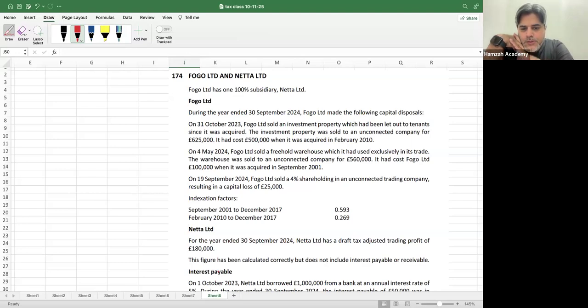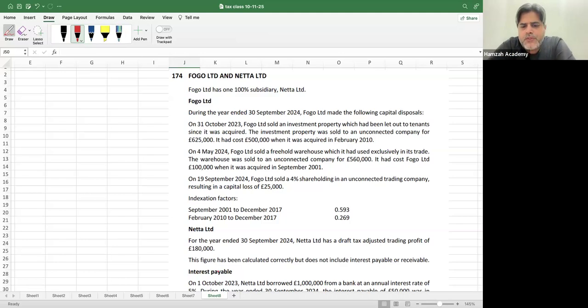Then on 4th May 2024, Fogo Limited sold a freehold warehouse which had been used exclusively in its trade. The warehouse was sold to an unconnected company for 560,000. It had cost Fogo Limited 100,000, acquired in September 2001.